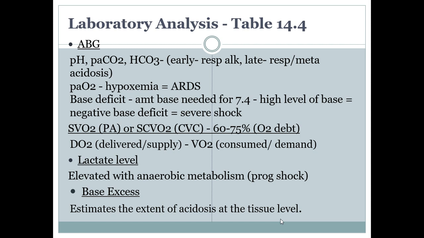Our SvO2, which is our mixed venous oxygen saturation, if less than 60%, indicates increased oxygen extraction at the tissue level, indicating decreased oxygen delivery. So it's important to note SvO2 is a reflection of oxygen consumption at the tissue level. Make sure you know that.